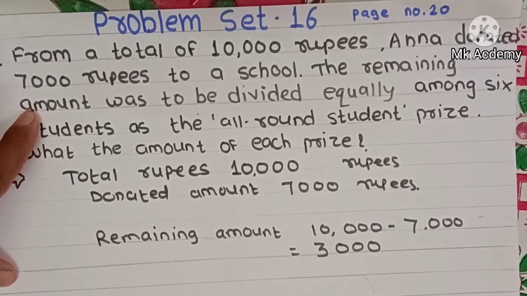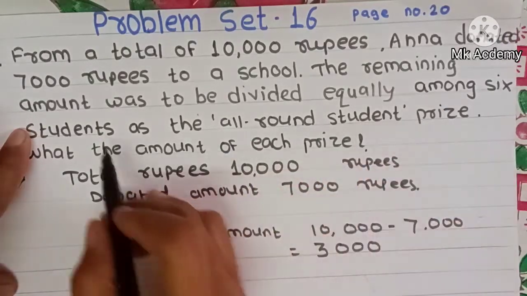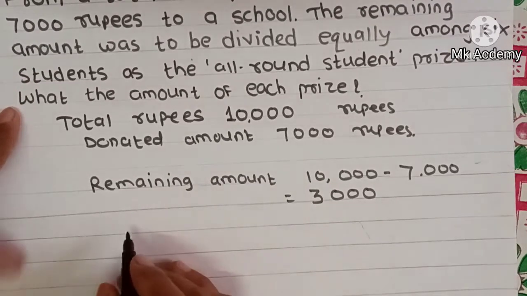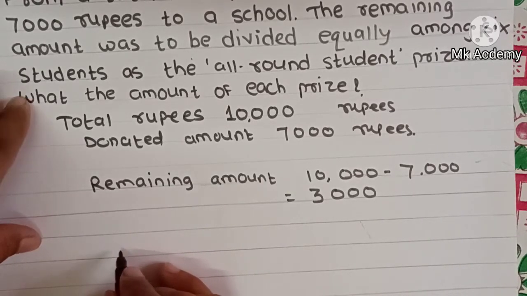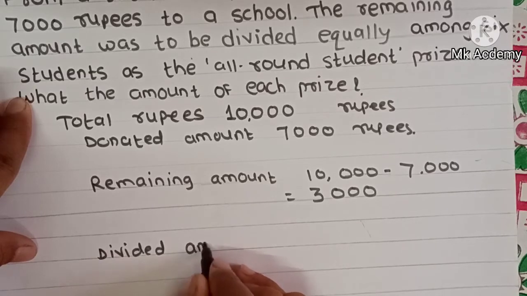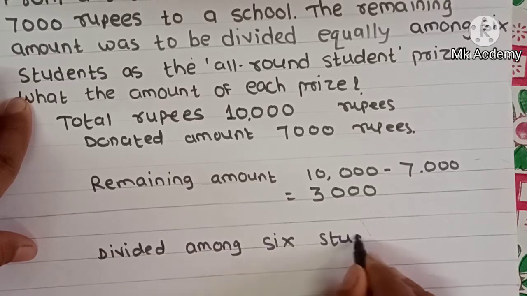This is the remaining amount, and this amount is divided equally among 6 students. Therefore we have to do division here. Divided among 6 students.